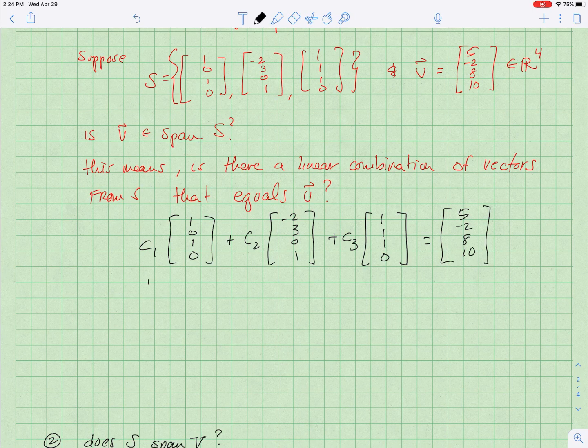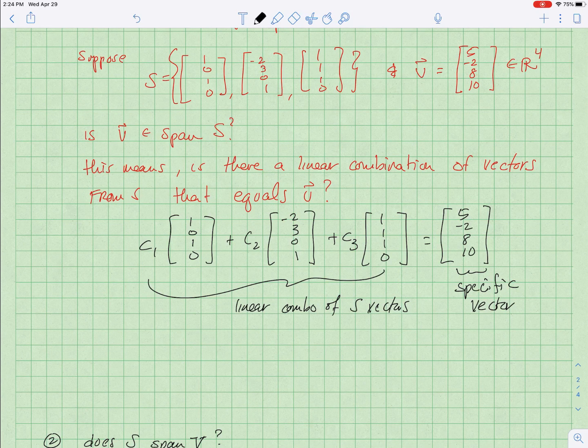So this is the linear combination of S vectors, and this is the specific vector we would like to know is in the span of those vectors.